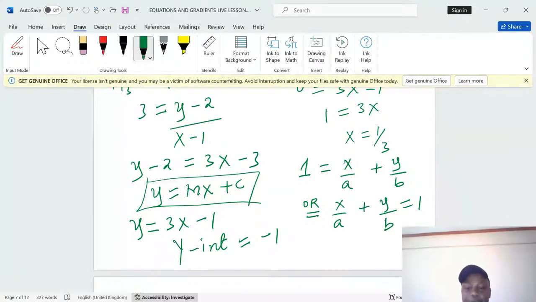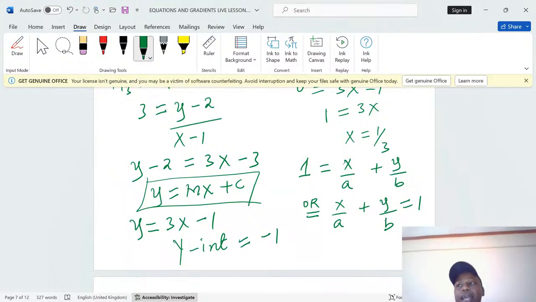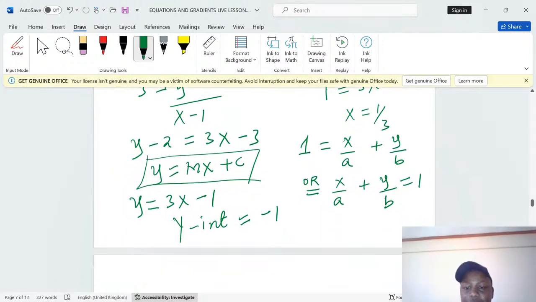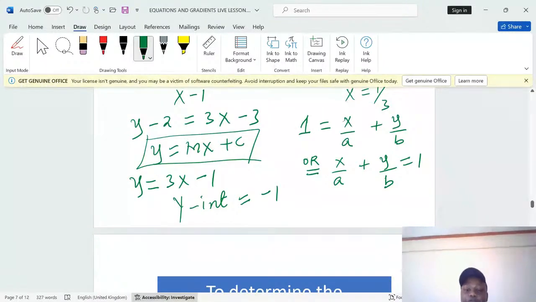And for your information, when the equation is in this format, the coefficient of x gives the x-intercept of the line. The coefficient of y, when we obtain the reciprocal, we usually get the y-intercept of the line. So it's good to underline that the reciprocal of the coefficient of x gives us the x-intercept. The reciprocal of the coefficient of y gives us the y-intercept.